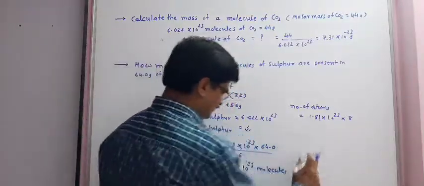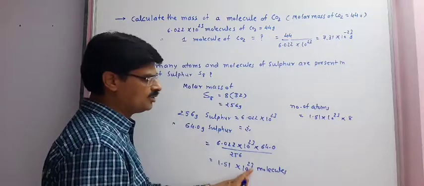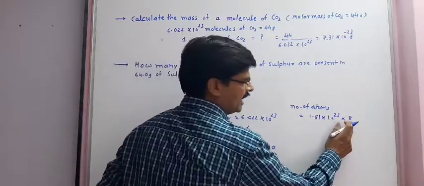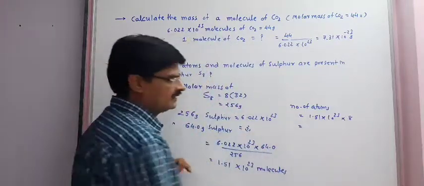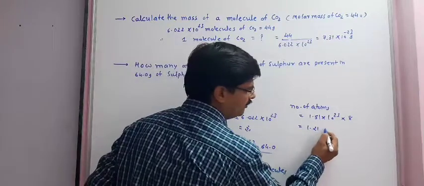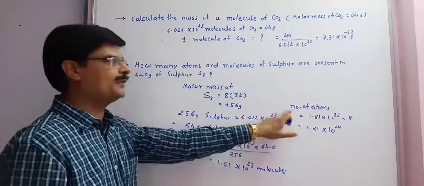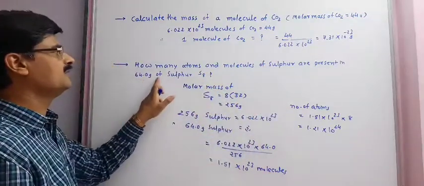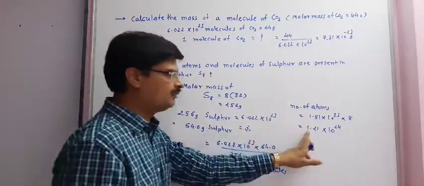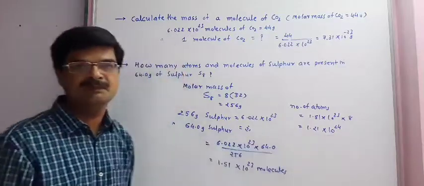That is why 1.51 into 10 raised to 23 is multiplied by 8. On solving this, nearly answer will be 1.21 into 10 raised to 24. So number of atoms present in 64 gram of sulfur will be 1.21 into 10 raised to 24.